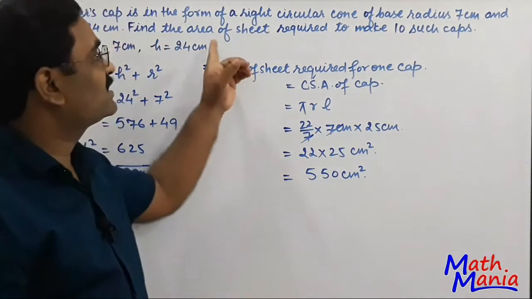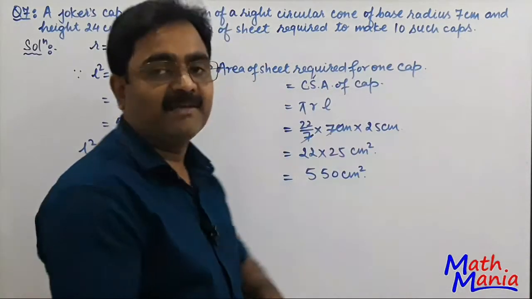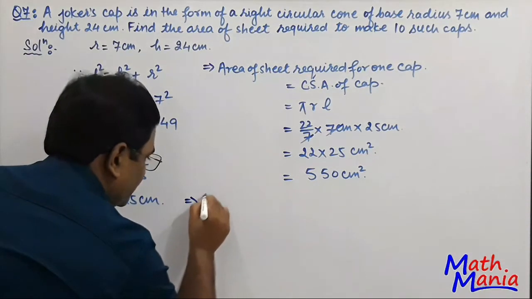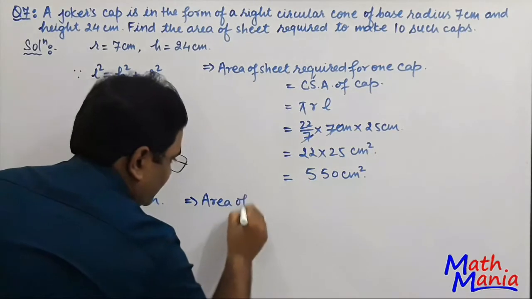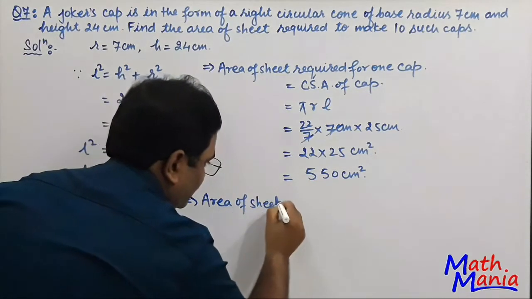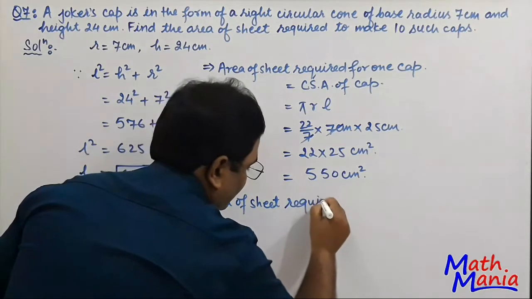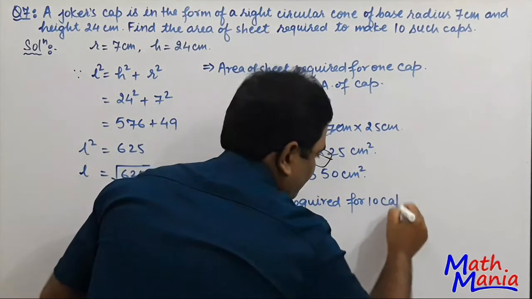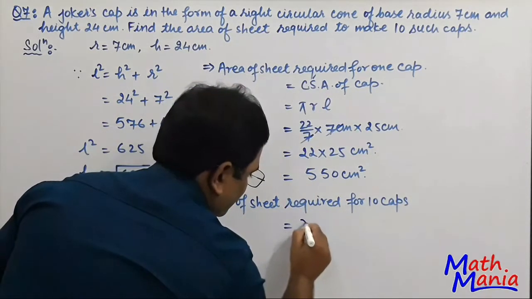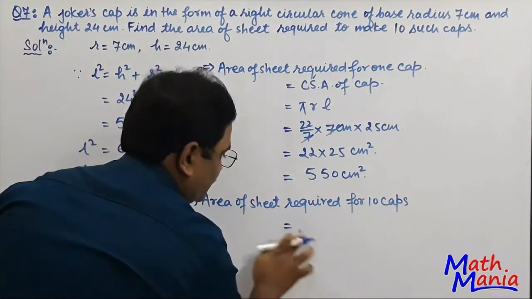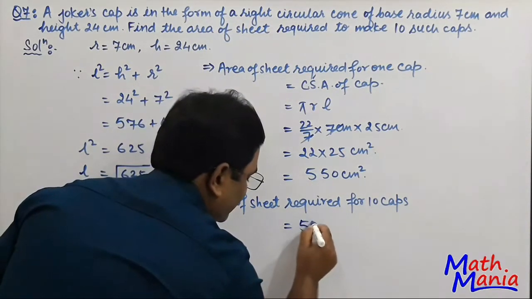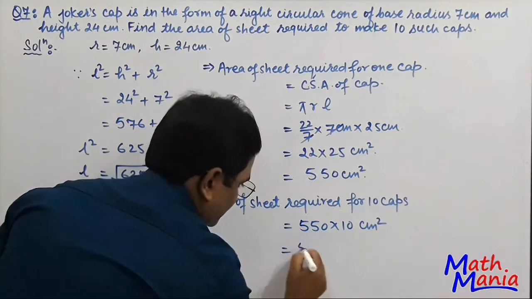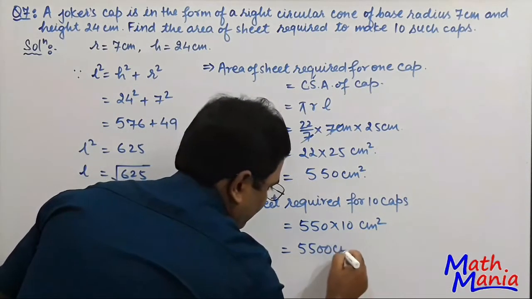But here the question is asking the area of sheet required for 10 such caps. So therefore, area of sheet required for 10 caps is equal to the area of sheet required for 1 cap, which is 550, multiplied by 10 centimeter square, that is equal to 5500 centimeter square.